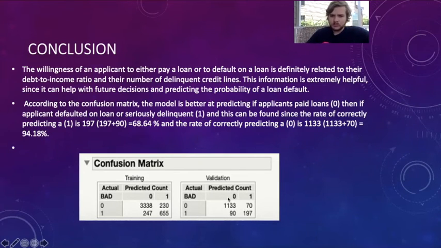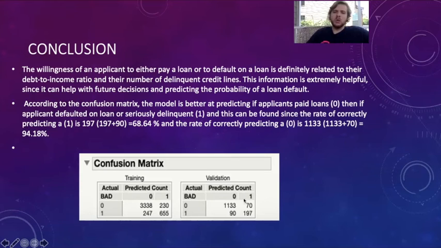So we are looking at 1,133 divided by 1,133 plus 70, the sum of this, which is 94.18%. So again, when the model is predicting if applicants paid loans, we are looking at 94.18%.